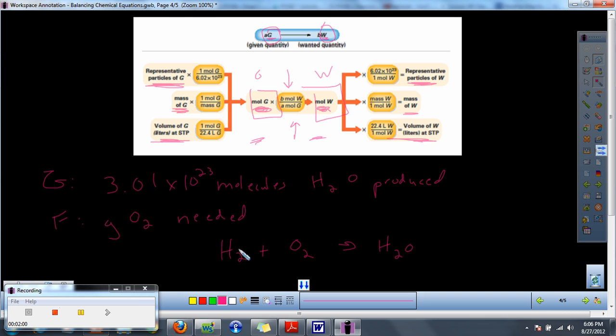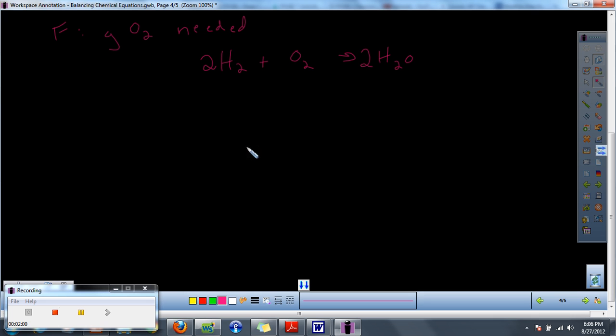Well, you have the same number of hydrogens on each side. How about oxygen? Well, I have 2 on the left and 1 on the right. And so we'll put a 2 over here, so we now have 2 oxygens on the right and left. However, now we have 4 hydrogens on the right. We'll put a 2 right here, okay? So this is our balanced chemical equation from which we can do our conversions.